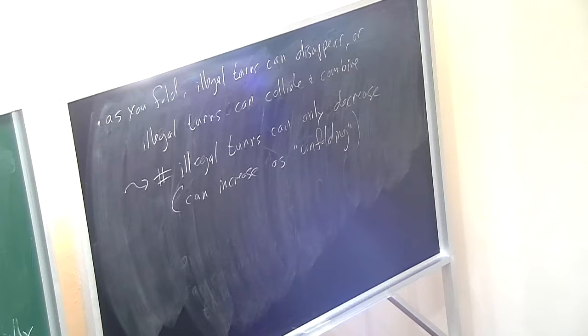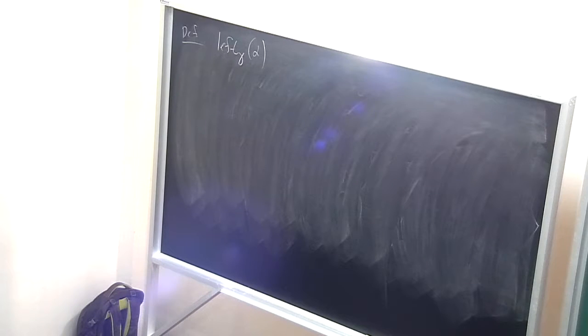So now, let me tell you the definition that Vespina and Fain made. Let me define left gamma of alpha, my folding path. Let me call this folding path gamma.